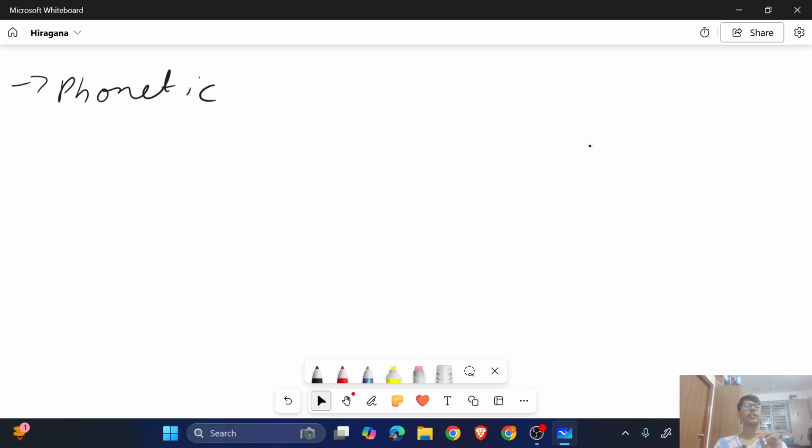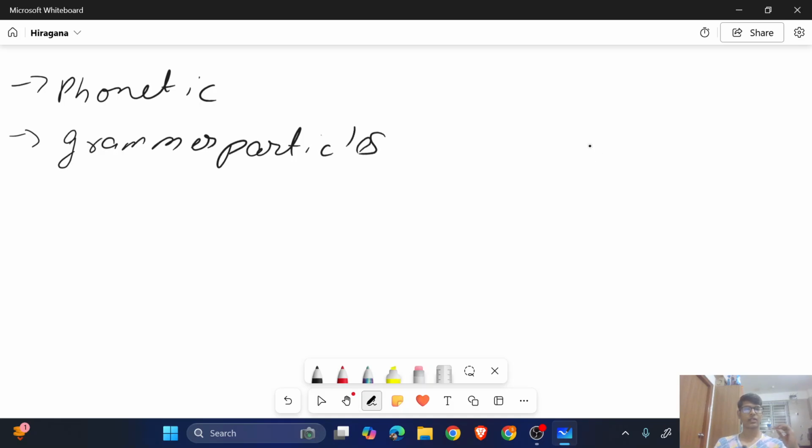In daily life, Hiragana is used for writing native Japanese words, grammar, particles, and for helping with the pronunciation of kanji, which we call furigana.